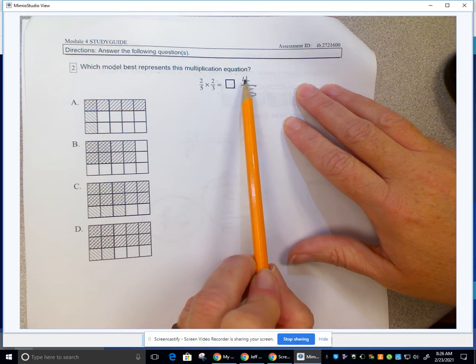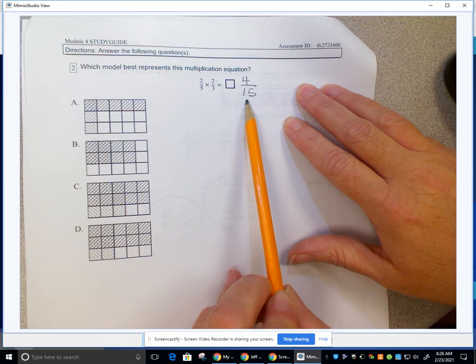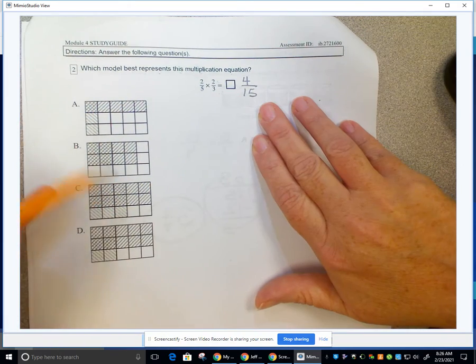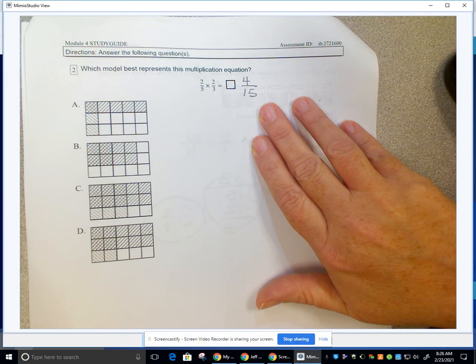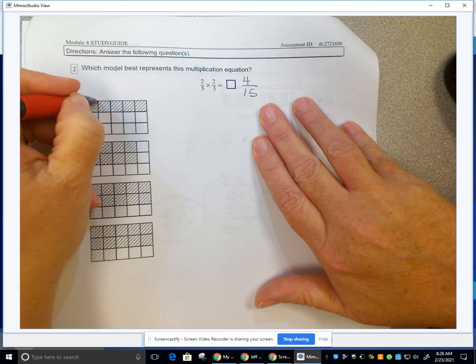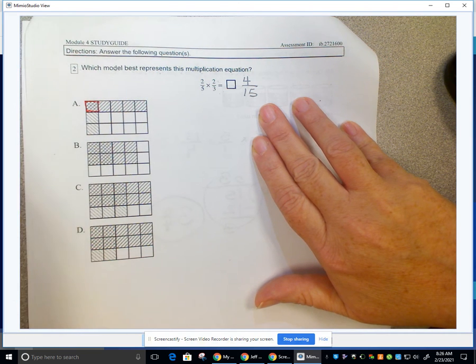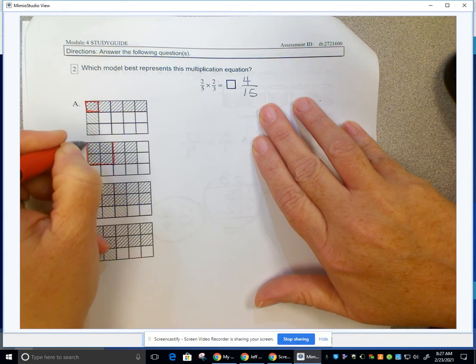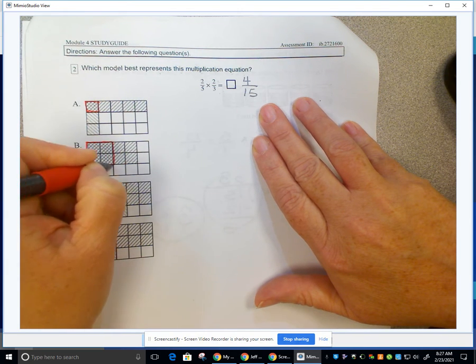And I'm looking for 4 shaded out of 15. Now, 4 shaded means they got both patterns. If you'll look at this one, let me get a pen where we can see it. This one only has 1 that got both patterns. This one has 4 that got both patterns, so this could be my answer.